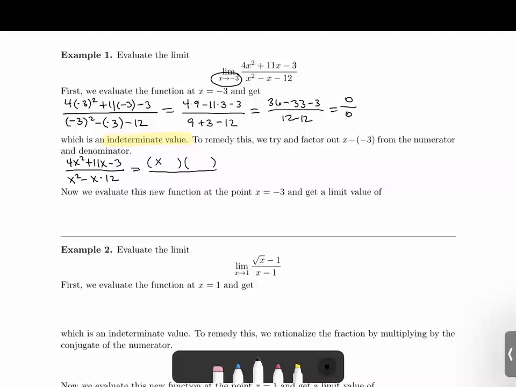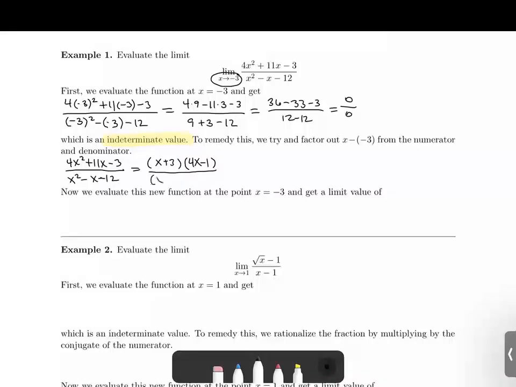So I'm going to start out with an x and a 4x, and I'm going to go ahead and put this plus 3 to see if I can make this work. So I need to have my constant here be a -1, so that I multiply 3 times -1 to give me the -3 as my constant. And then just double check and make sure that works whenever we FOIL it out. And that is how it should work.